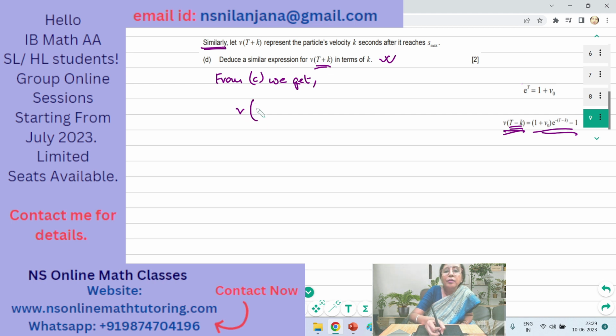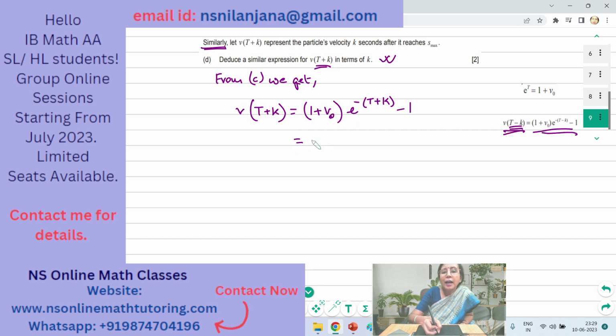V of capital T plus k is equal to 1 plus V0, e to the power of negative (capital T plus k) minus 1.